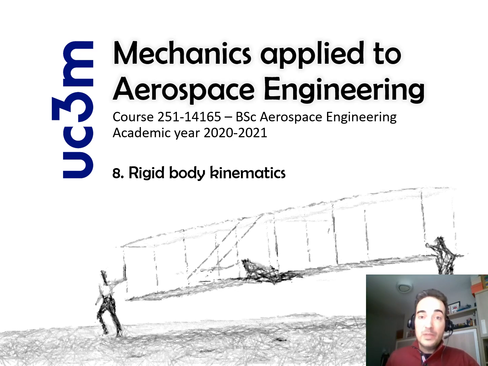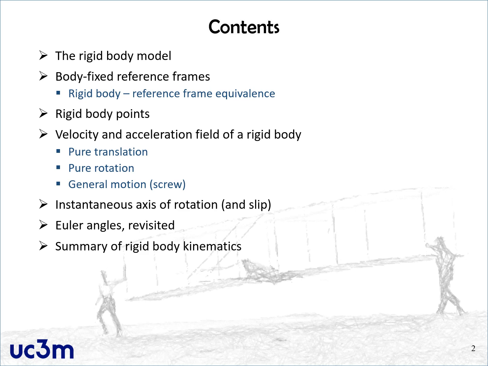We are going to begin with the second part of this course, and this lecture will be dedicated to the kinematics of rigid bodies. After introducing the rigid body model, we will show that the motion of a rigid body is equivalent to the kinematics of a reference frame and discuss rigid body points. The biggest part of this lecture will be dedicated to the velocity field of a rigid body and also to its acceleration field.